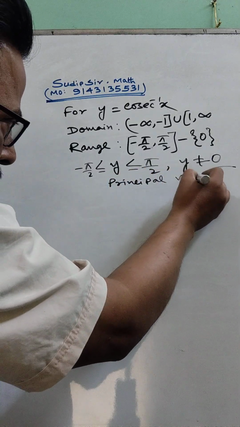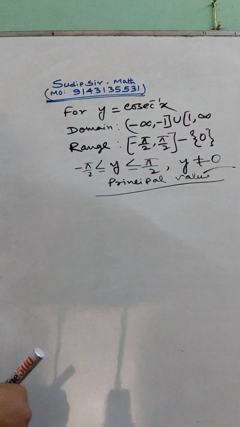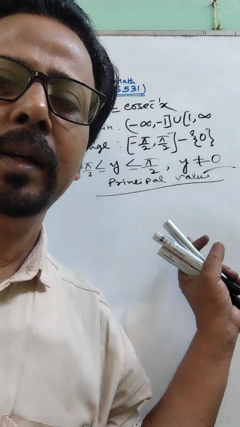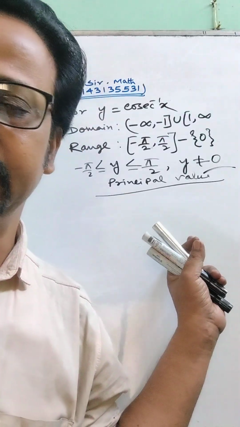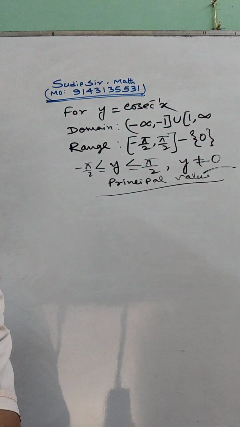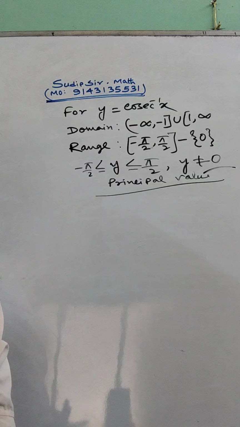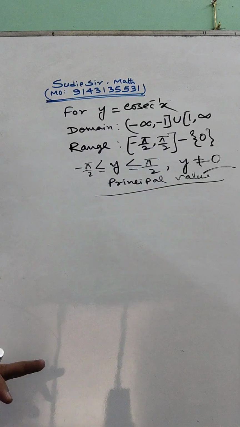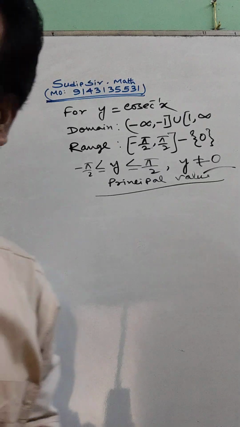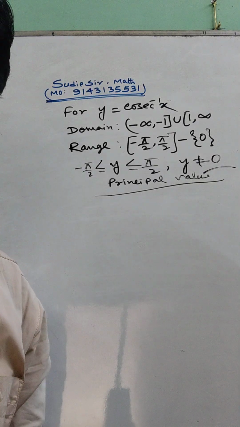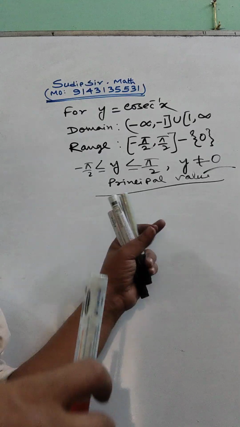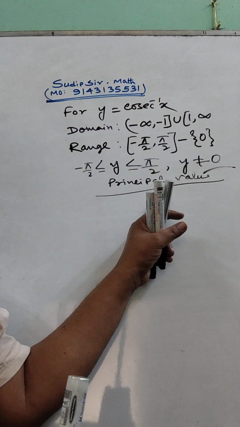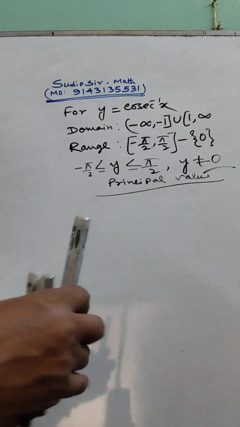Principal value. This is for cosec inverse x. For cosec inverse x, it is minus pi by 2 to pi by 2, and it does not take 0.